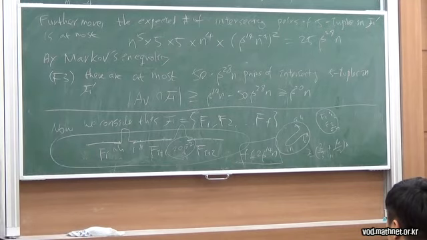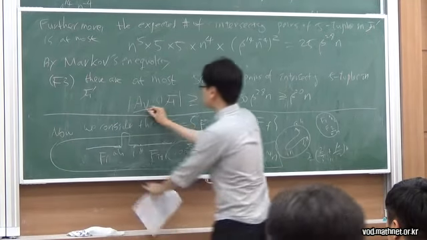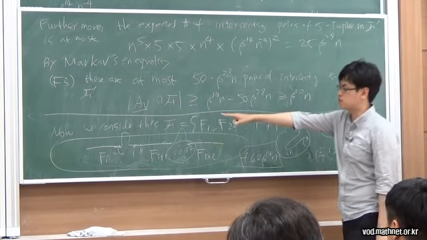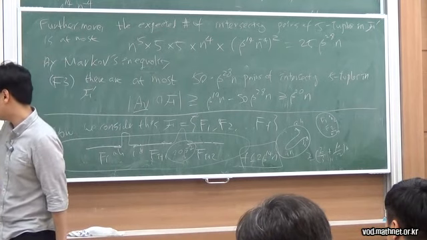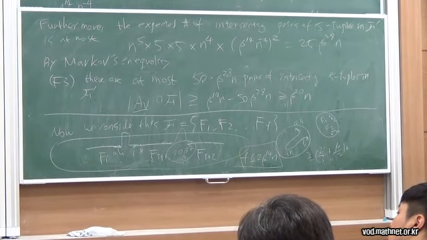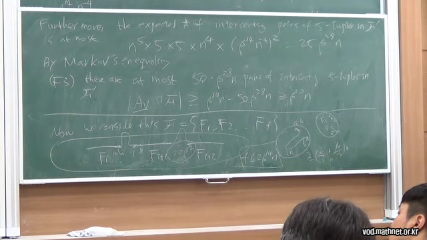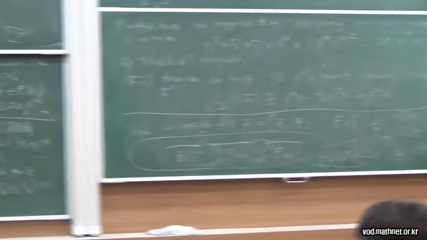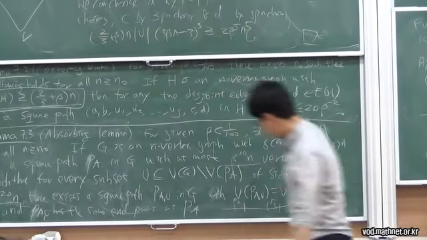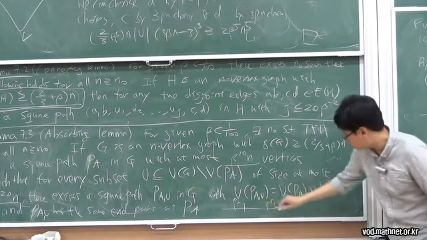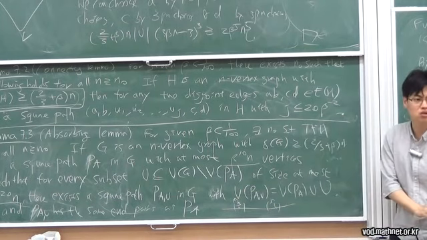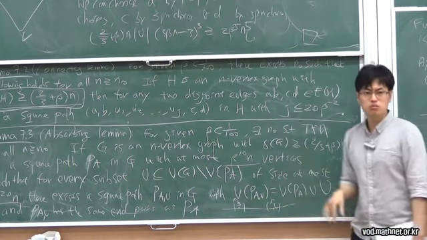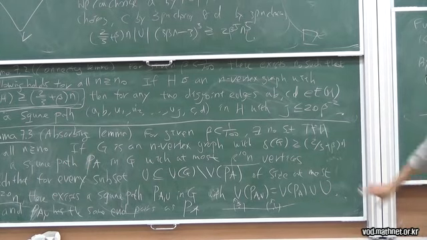And then, because for each vertex there are at least beta to the 20 n tuples that absorb this V, once we are given at most beta to the 20 vertices U, then we can absorb it. So we have this path, and in each part we have F1, F2. Then for a certain vertex V, we choose one of them, and then we can put V here without disrupting anything. And the next vertex, we don't use it, but we can use it here, and we can keep putting in. So that proves this lemma.